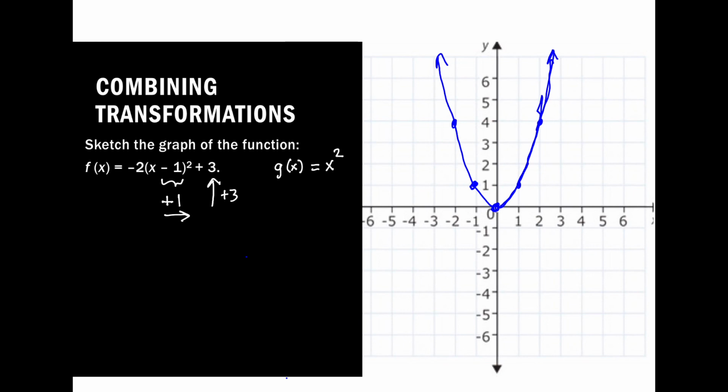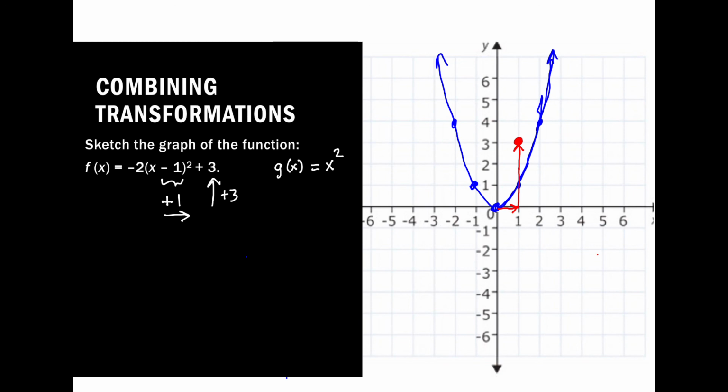So taking what I have here, we're going to put this one in red. I know it should shift the vertex of my parabola to the right 1, and it's going to shift it up 3 units. So my new vertex is going to be here, right?